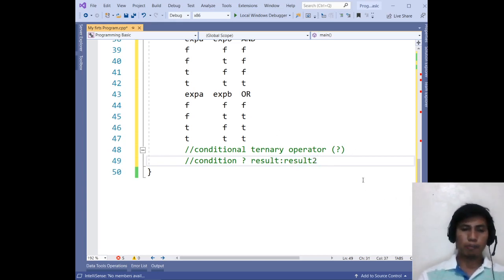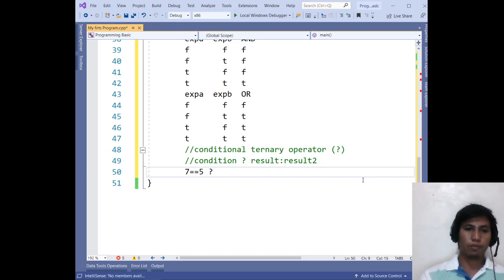So let's say for example, we have is 7 equal to 5. Take note, result 1 will be evaluated if the condition is true. Otherwise, result 2 will be evaluated.